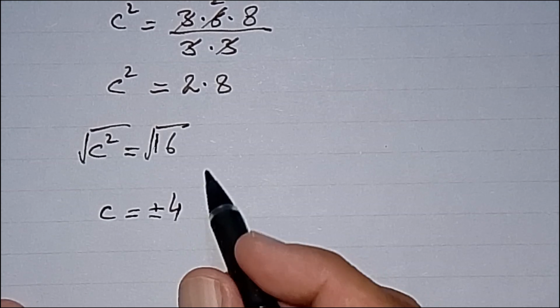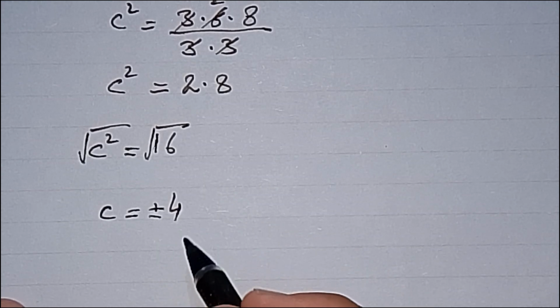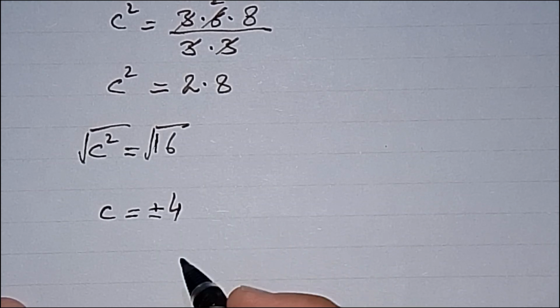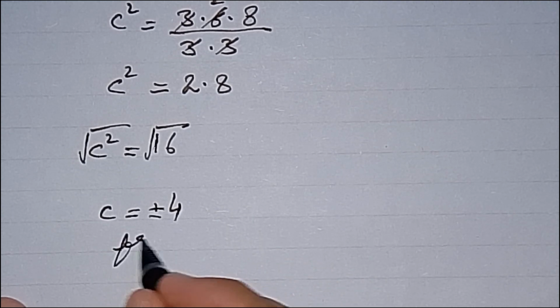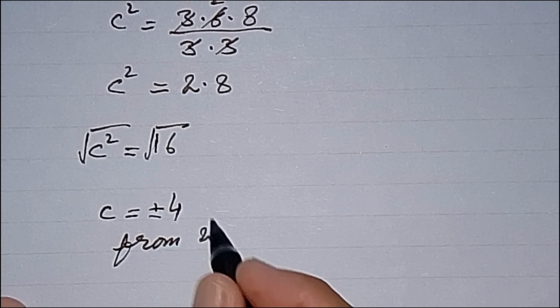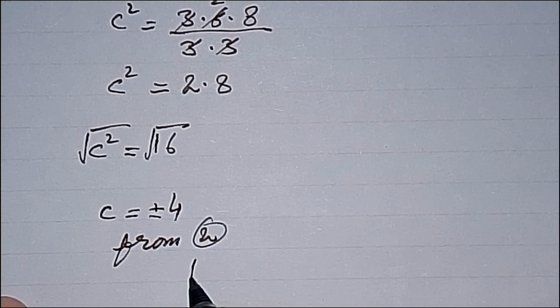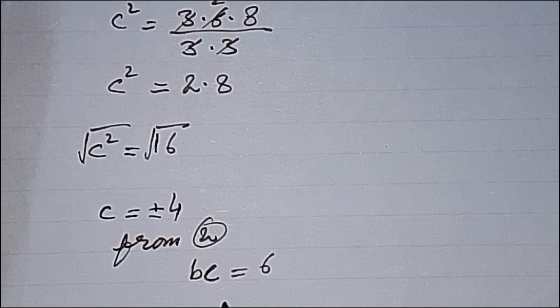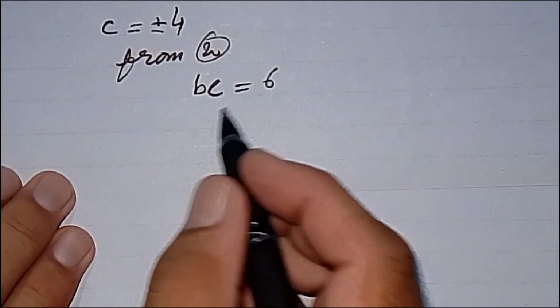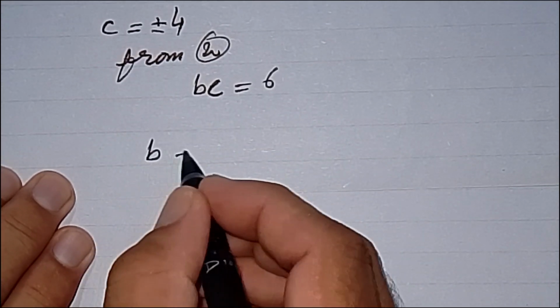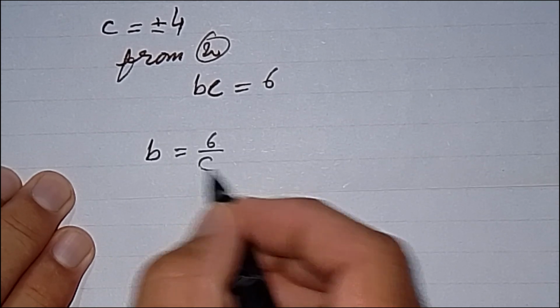Now from equation 2, bc is equal to 6. Then b is equal to 6 by c.